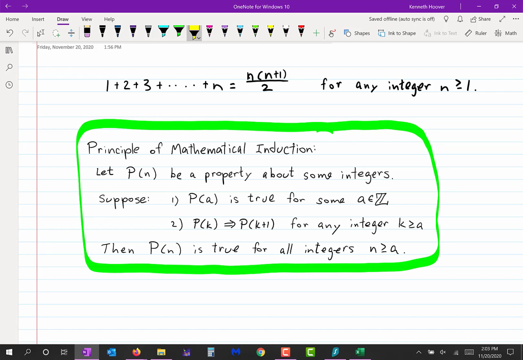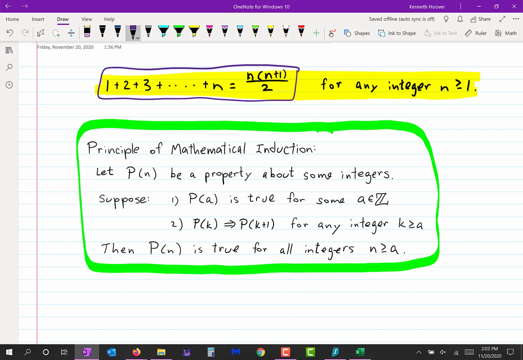So when we try to prove this in a few minutes, what is it that we will need to do? In this case, our A is 1, and this is our P of n, that formula right there. What we will need to do is show that the formula is true for the number 1. In other words, 1 equals 1 times 2 over 2.